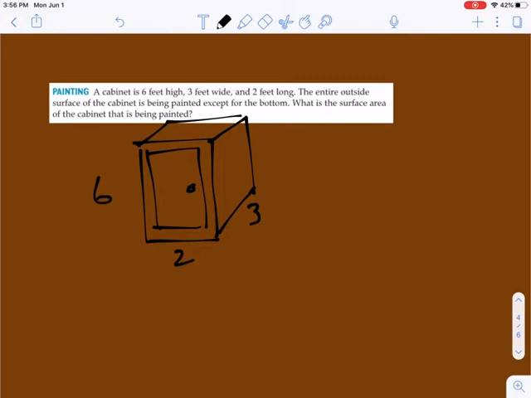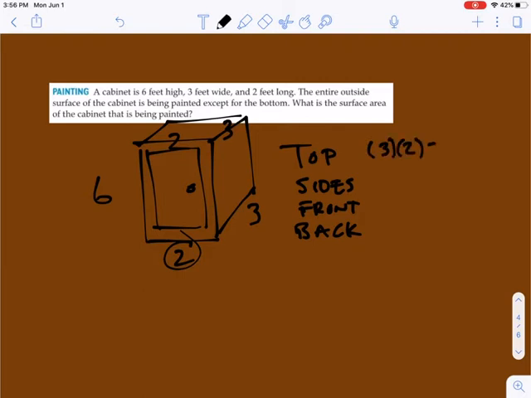So let's think about what we have. We're going to have the top, then we're going to have the sides, right? There's 2 of those. And then we're going to have the front, and we're going to have the back. So the top is going to be, take this 3, transfer that up there, and let's take this 2. So the top is going to be 3 times 2, which gives us 6.